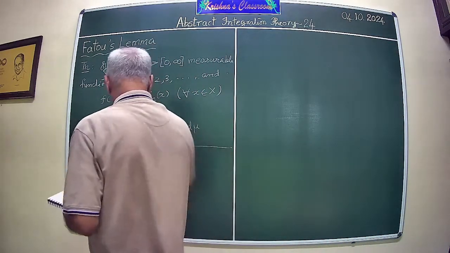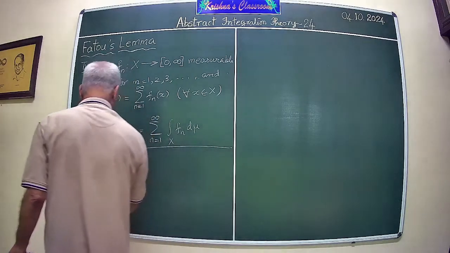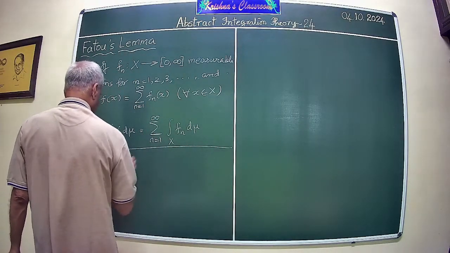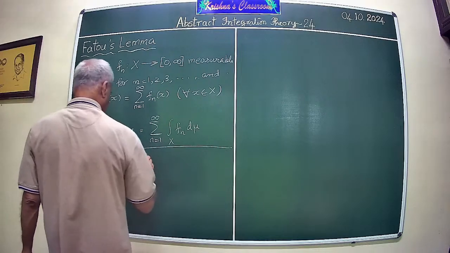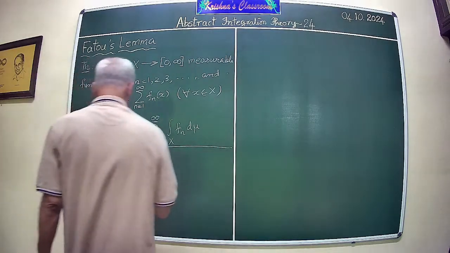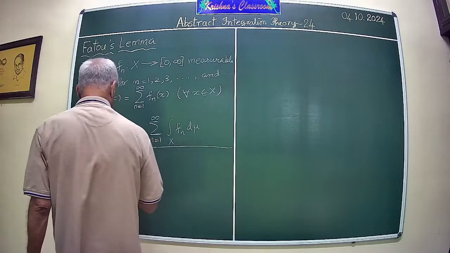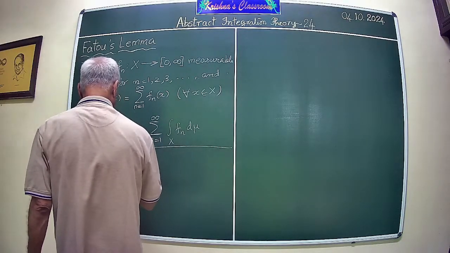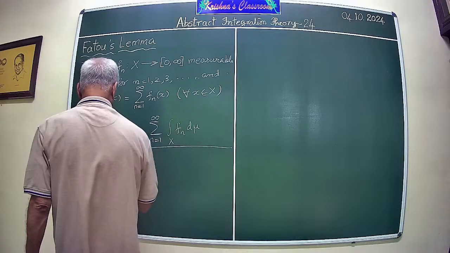That means this is what we are expecting. Sigma i, for Aij non-negative, i running from 1 to infinity, j running from 1 to infinity.